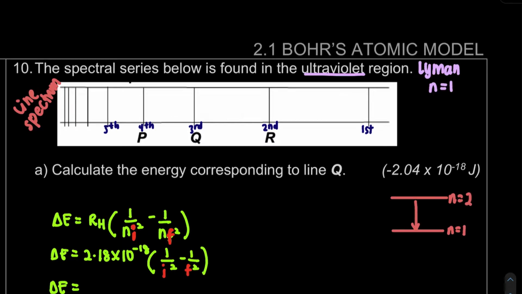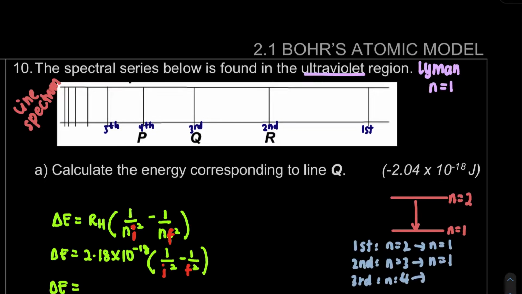So let us write it at the side. The first line will be from n equal to 2 falling to n equal to 1. The second line will be n equal to 3 falling to n equal to 1. The third will be n equal to 4 falling to n equal to 1. And the fourth line will be when n equal to 5 falls to n equal to 1.